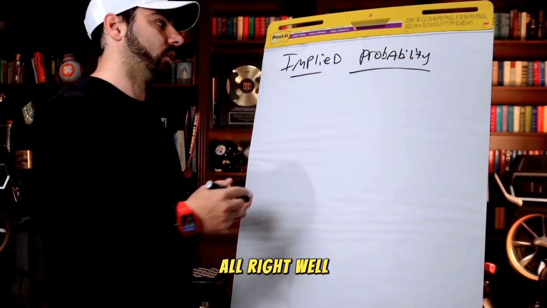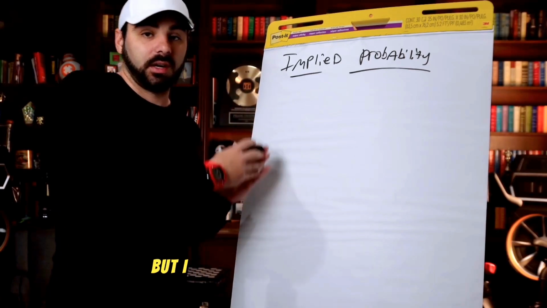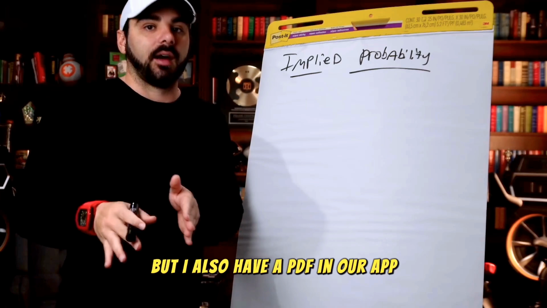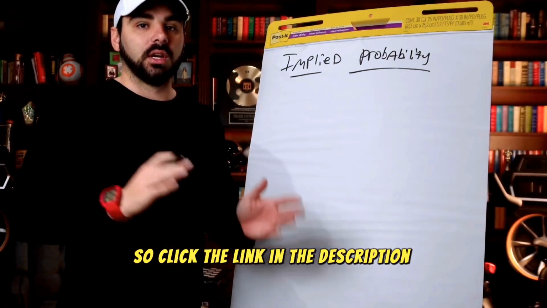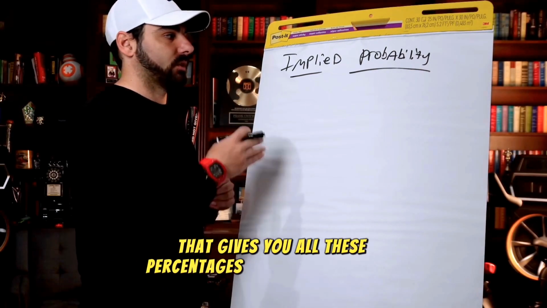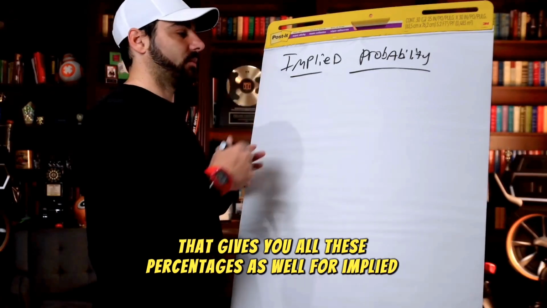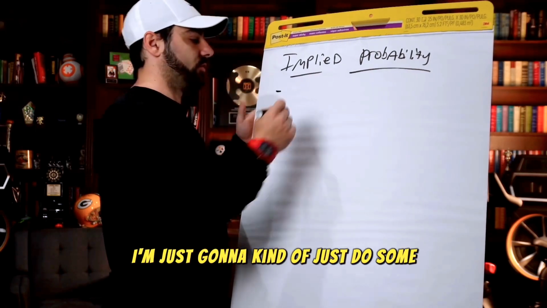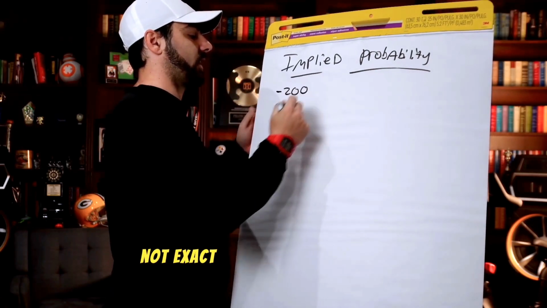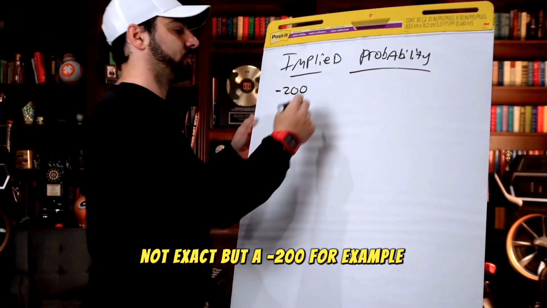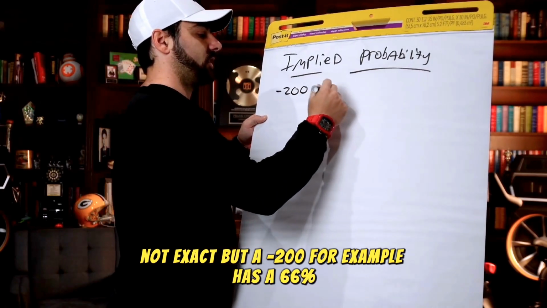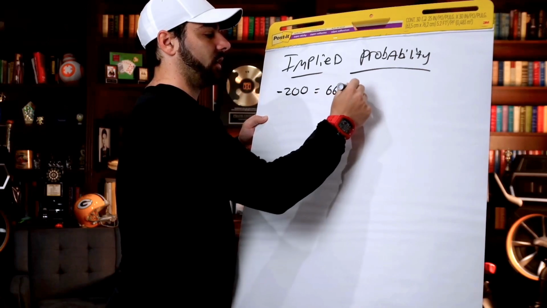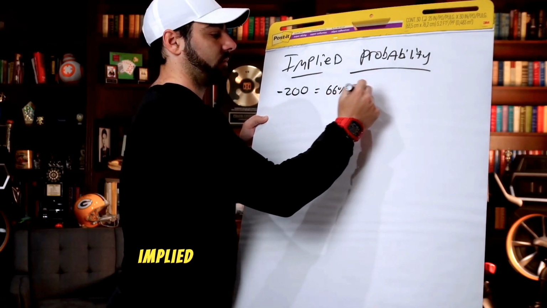All right, well, I'm going to show you the numbers on here, but I also have a PDF in our app. So click the link in the description if you want the PDF that gives you all these percentages as well for implied probability. So first off, I'm just going to do some rough numbers here, okay? Not exact, but a minus 200, for example, has a 66% implied probability.